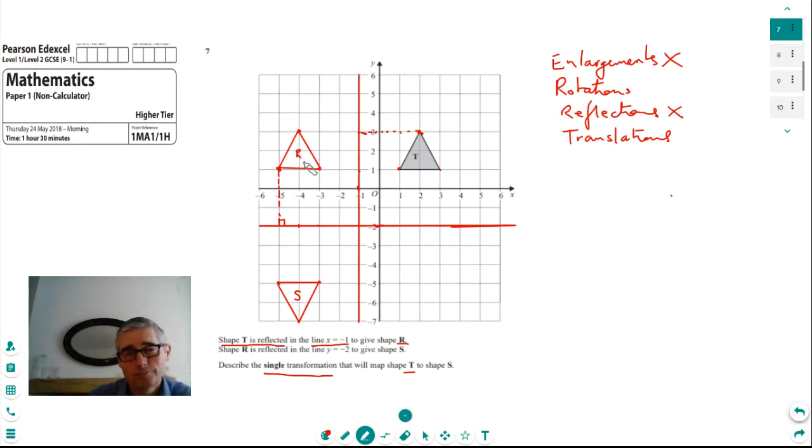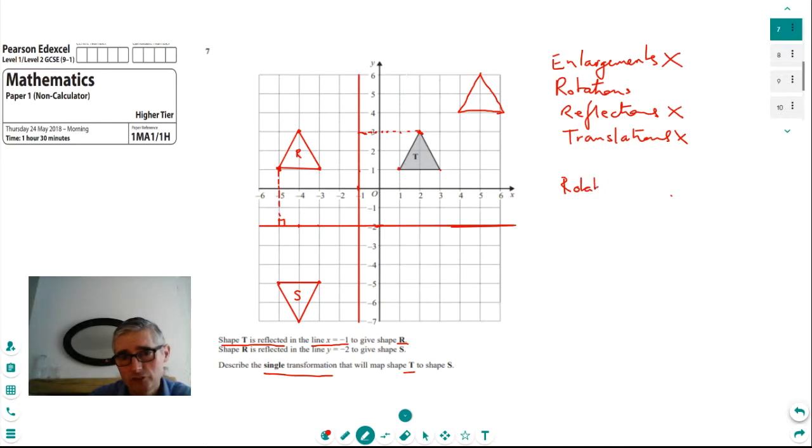A translation: if you do a translation, the shape that you translate always ends up in the same orientation, i.e. this shape here, which is T. If I was to translate it, it could potentially look something like that, i.e. it would be exactly the same way up. Now we can see that shape S isn't the same way up as shape T, so therefore it can't be a translation. So in order to describe our single transformation, first thing we can say is it is a rotation.